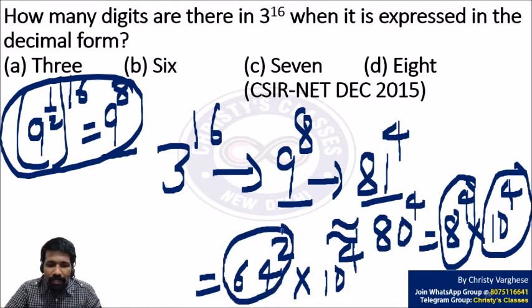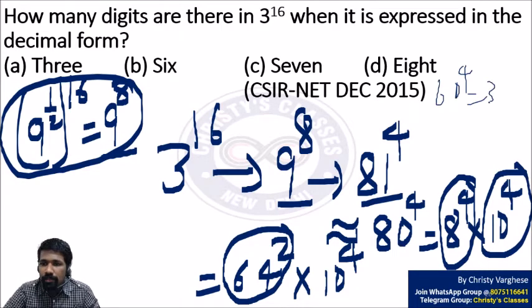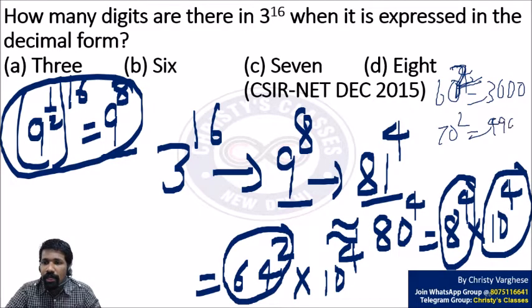64 square you can easily say how many digits they have. How you can say? You have to estimate it. Look at this estimation. 60 raised to 4 is what? 3600, because 60 square is 3600, because 6 square is 36. 70 square is 4900, because 7 square is 49. 64 square is anyway in between these two, na?